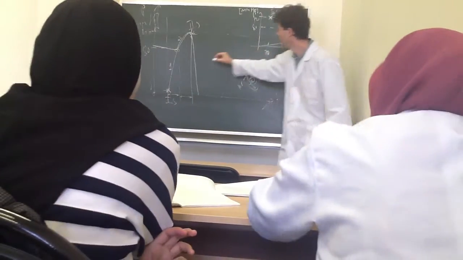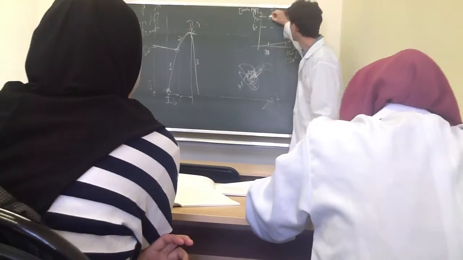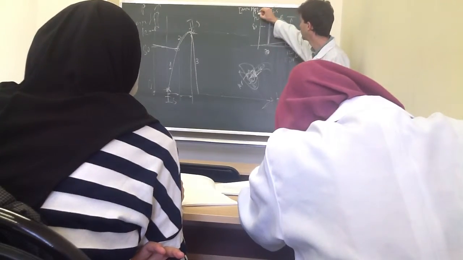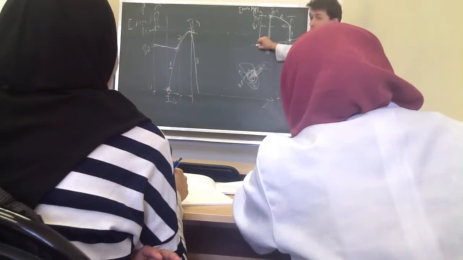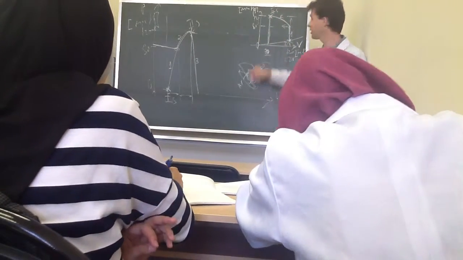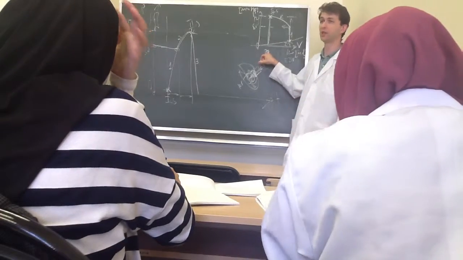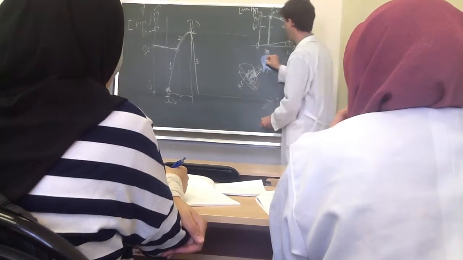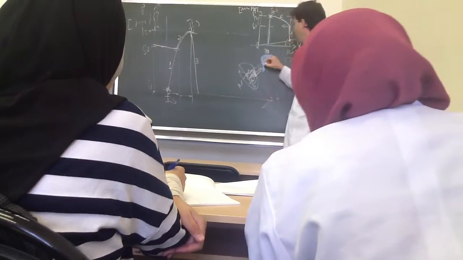The volume being constant, the volume that stays in the ventricles at the end of the systolic period we call the end systolic volume.